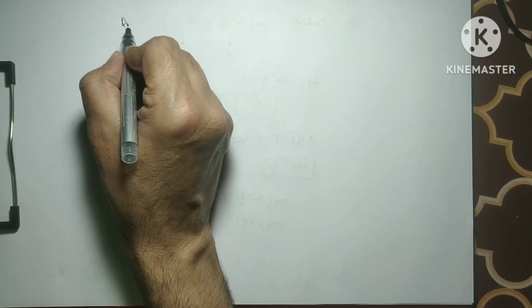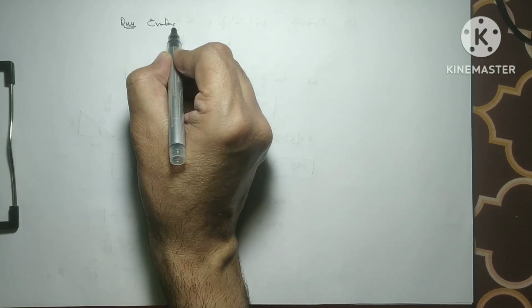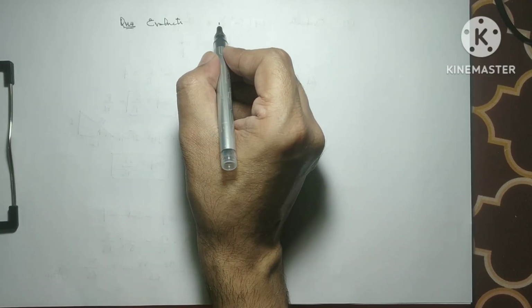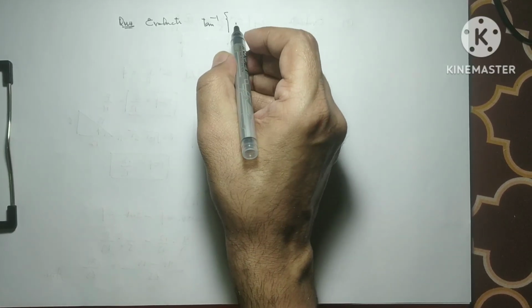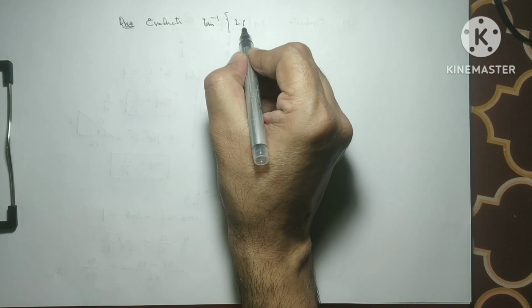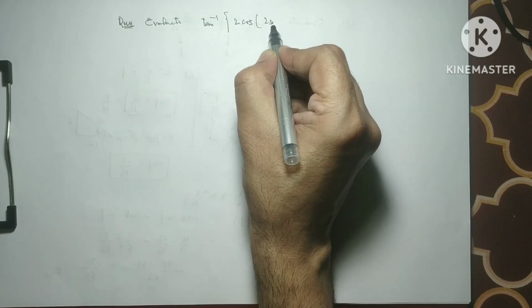So next question, that is evaluate tan inverse of twice cos of twice sin inverse half.